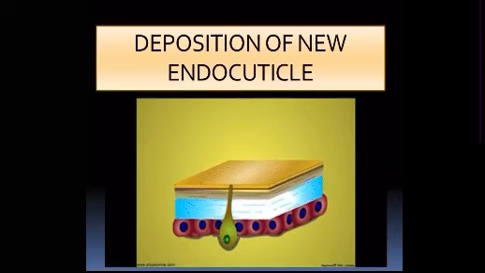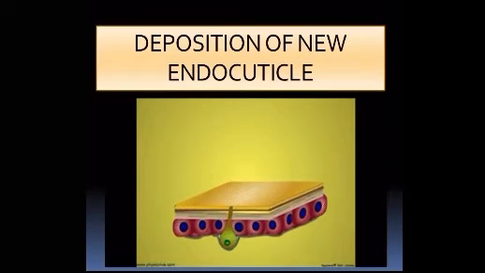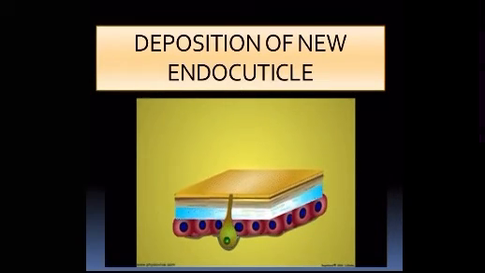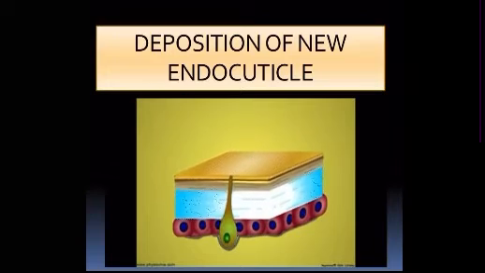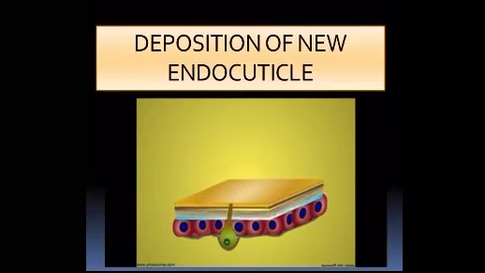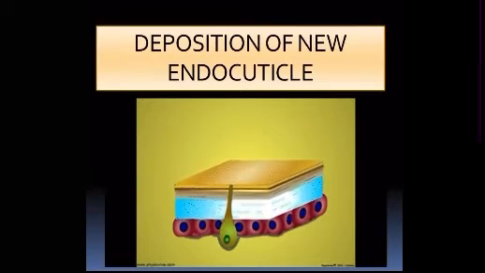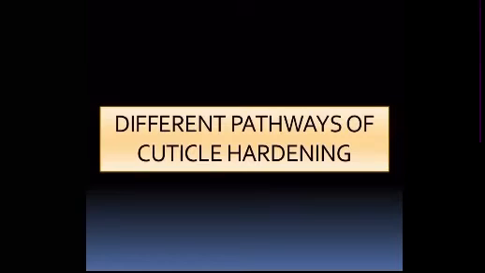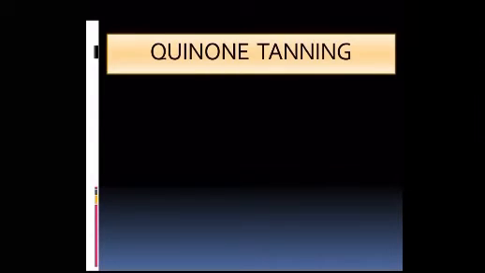During the time between the molts, new endocuticle is deposited continuously, and the cycle starts over at the next molt. Now let us understand the different pathways of cuticle hardening. First is the quinone tanning.